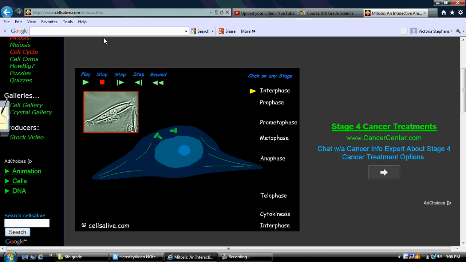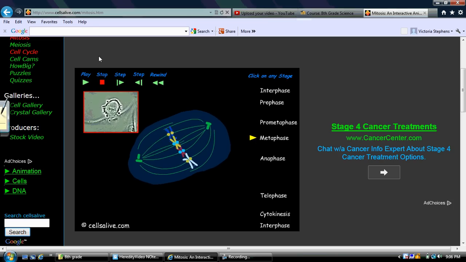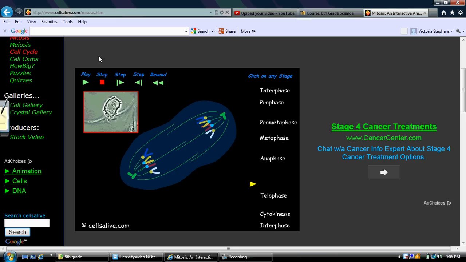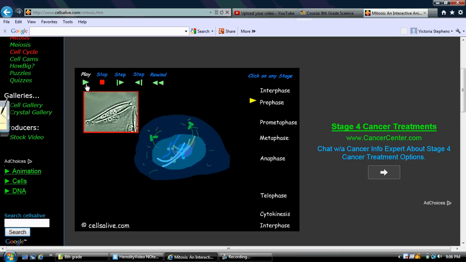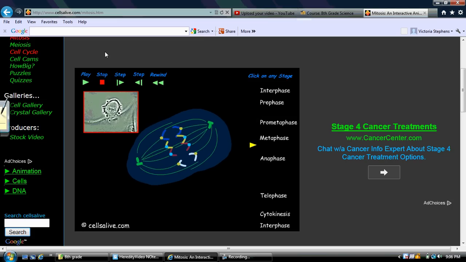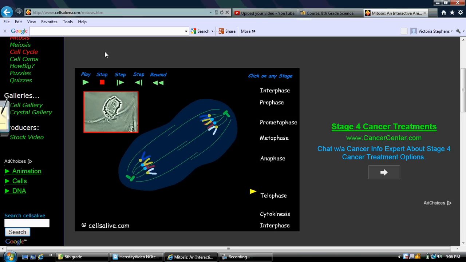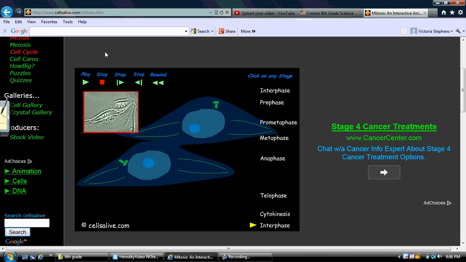Show it again. Okay, and that's a cycle of a cell reproducing through asexual reproduction.